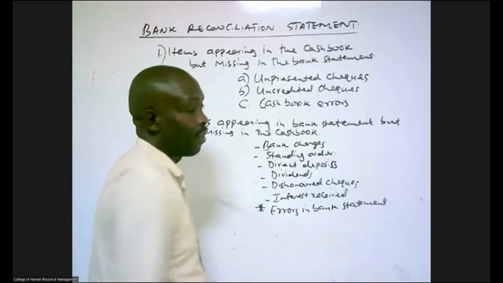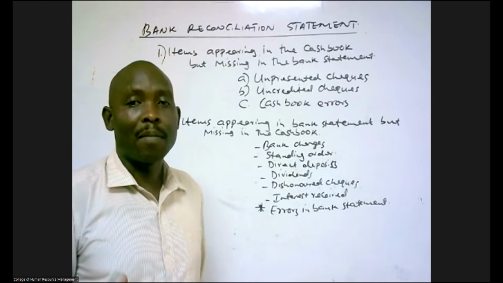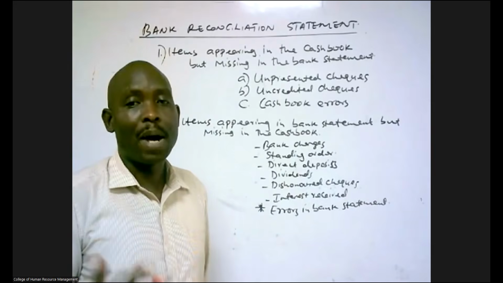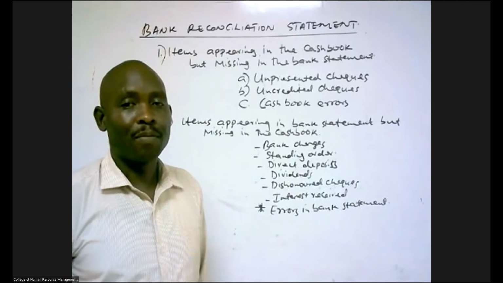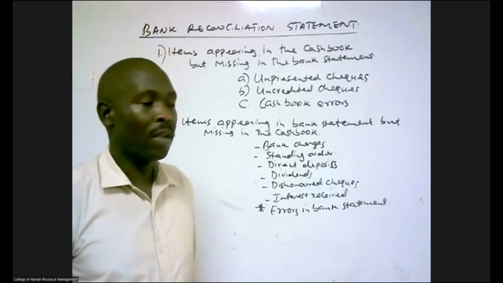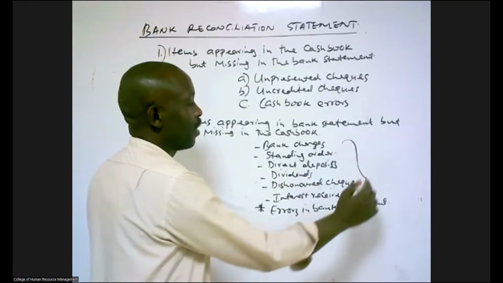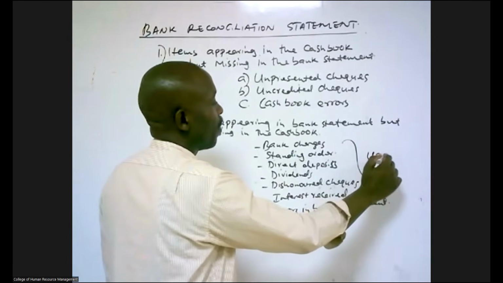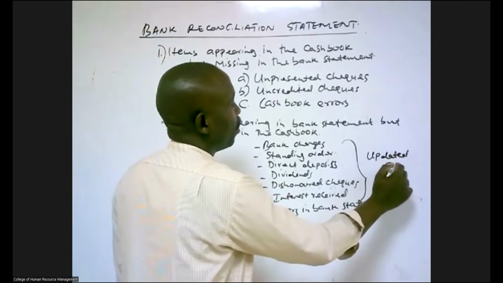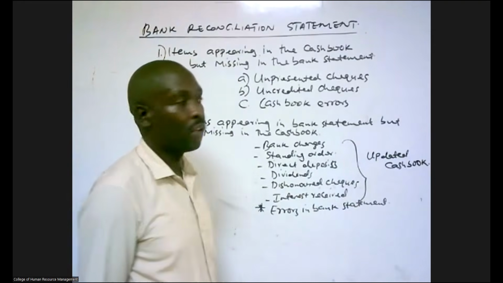These are also errors that are going to either result into overstatement of our bank balance or understatement of our bank balance. They might occur. So how now do we use these items? These items, apart from the errors in the bank statement, they are used in preparing the updated cash book.